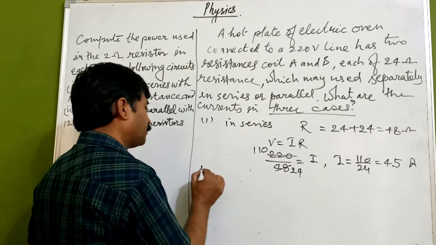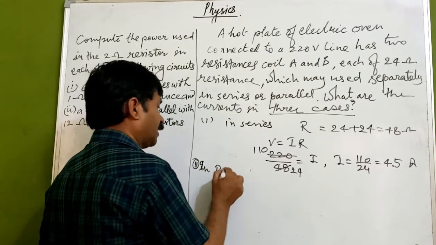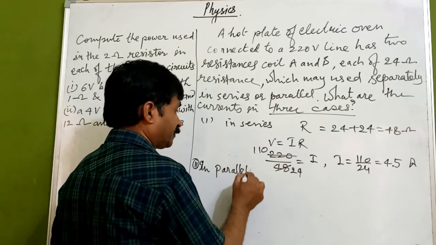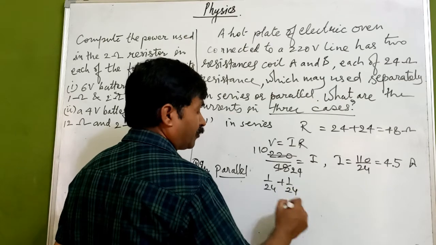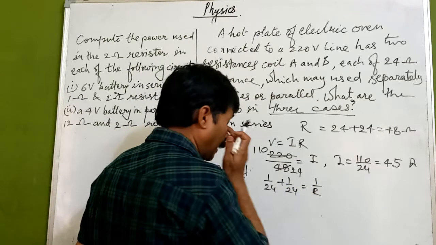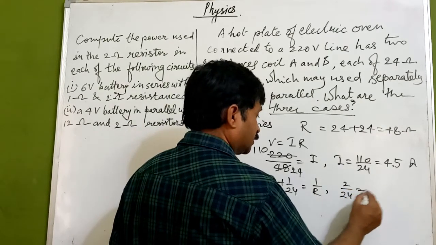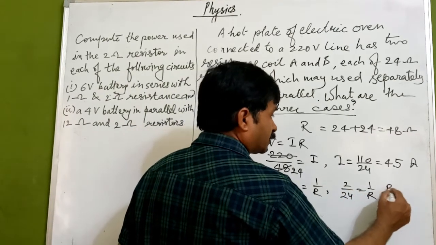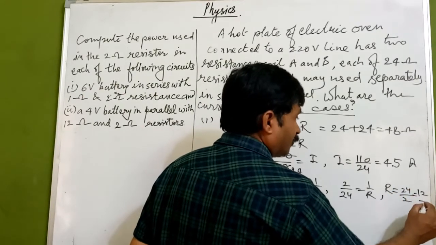Now if we take it in parallel, what will happen, that we will see. The resistances which are connected like this, 1 upon 24 plus 1 upon 24, which is 1 upon R, which is 2 upon 24 equals 1 upon R, and R is going to be 24 divided by 2, that is 12 ohm.